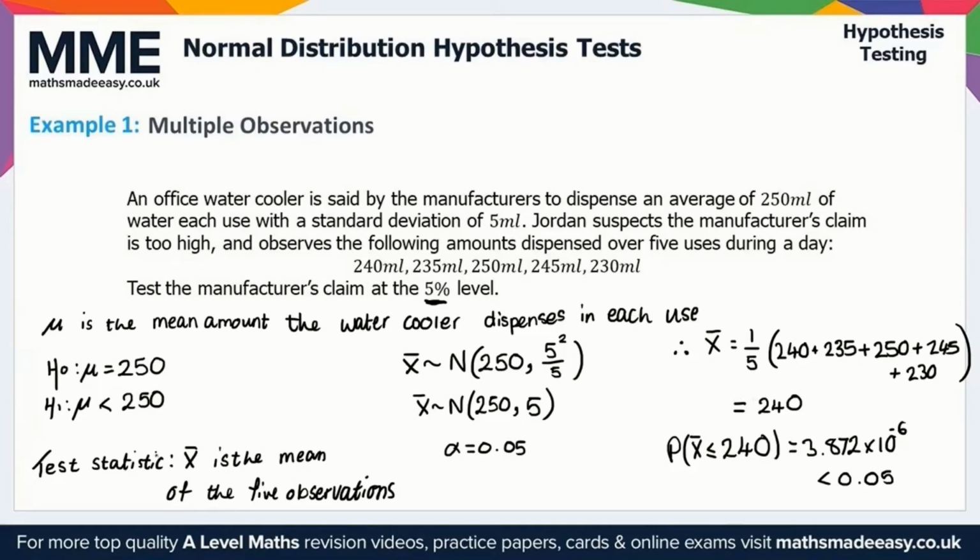Okay. So if we just finish here with our conclusion at the very top, and let's get that in blue then. So here we reject H0.